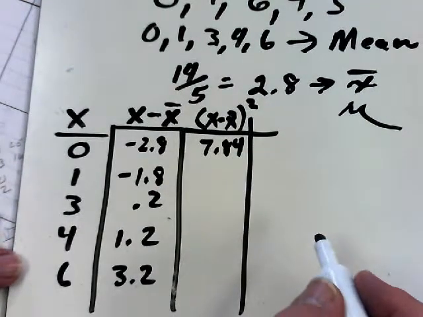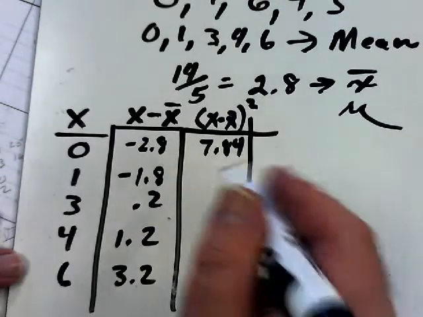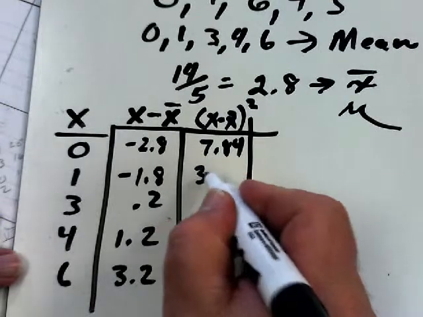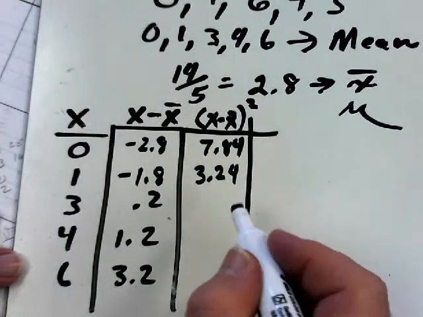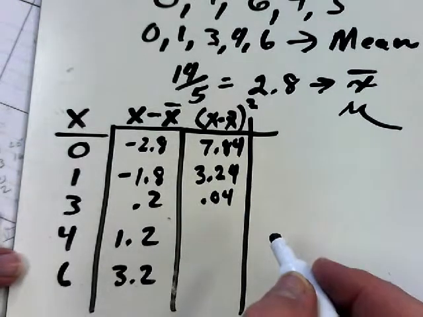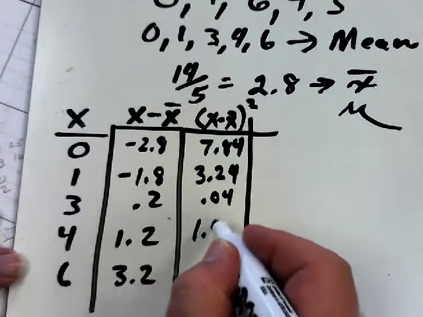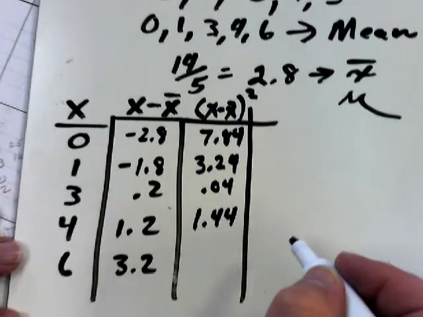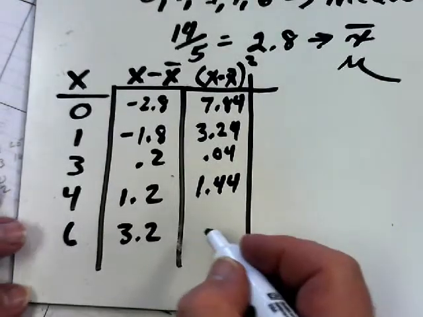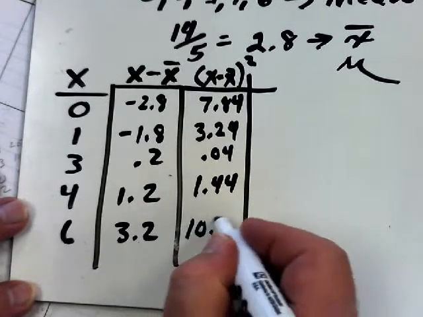Because I'm taking a negative times a negative. And then negative 1.8 squared, 3.24. And 0.2 squared is about 0.04. Then 1.2 squared is about 1.44. 3.2 squared, 10.24.